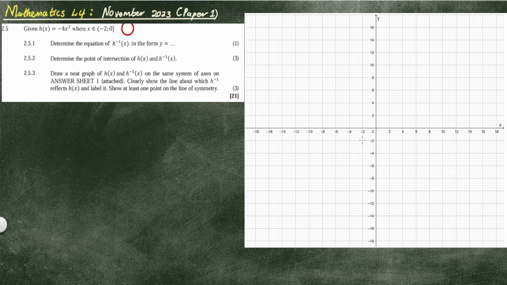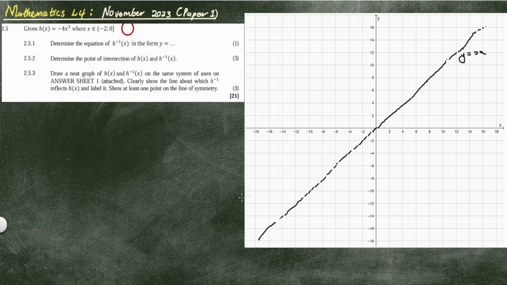All right, so it should go something like this. This is not the graph, but the symmetry line about which the reflection took place. So this is the line y equal to x.